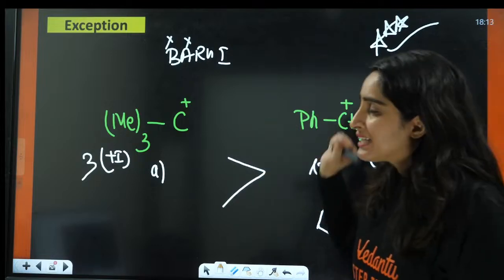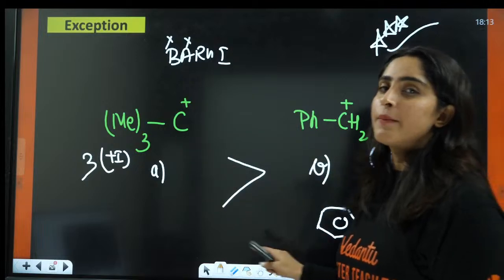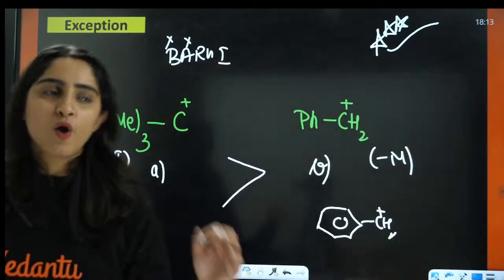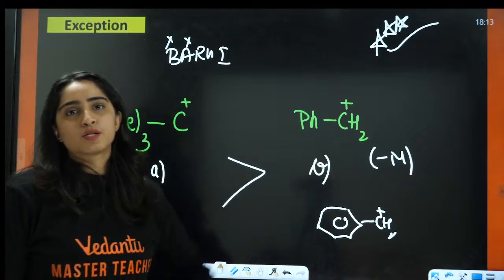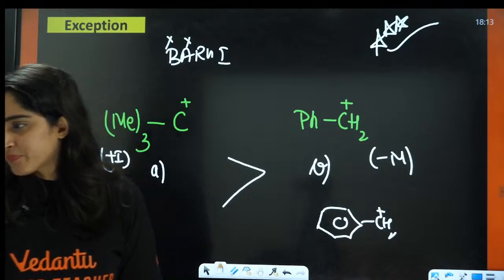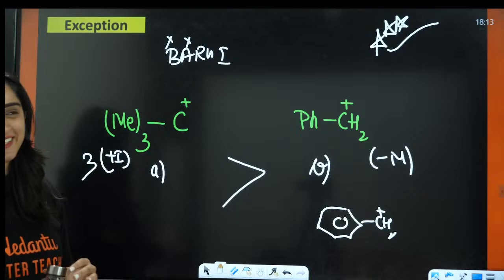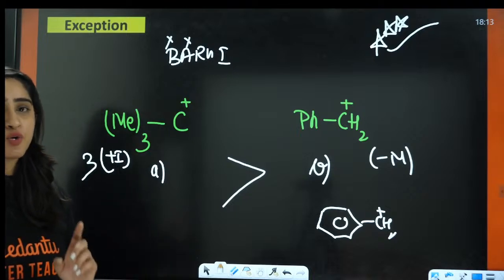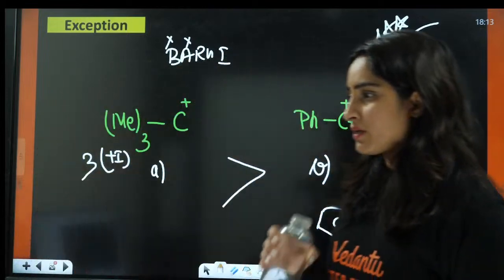That is why in this case the inductive effect makes it more stable as compared to resonance, because the amount of inductive effect is much more than the resonance effect. Okay? I hope after this, you will not forget this question. This is an exception.